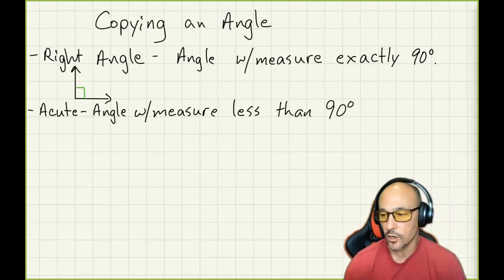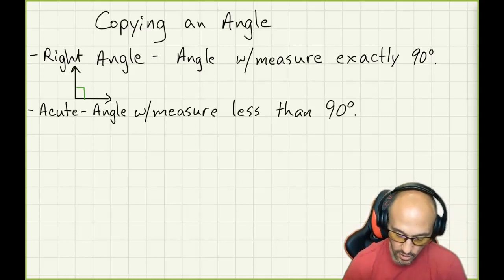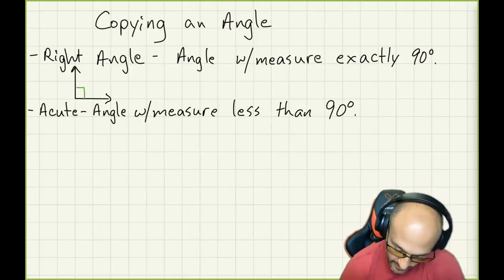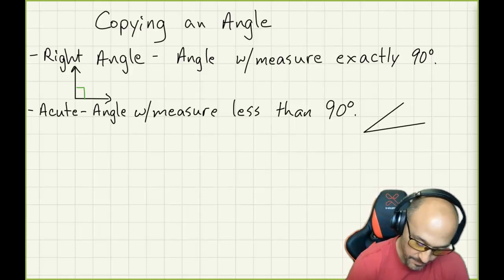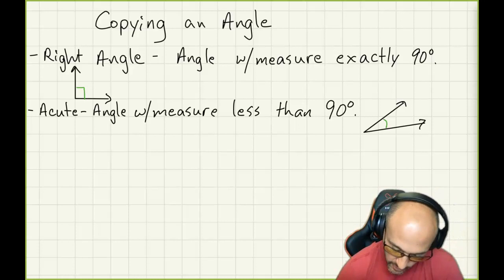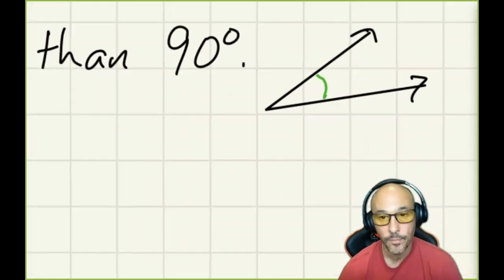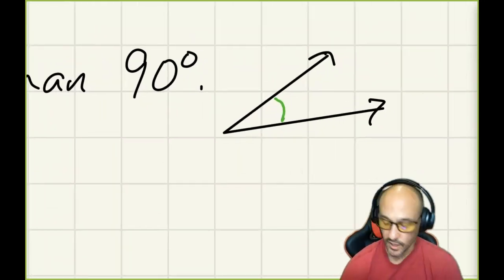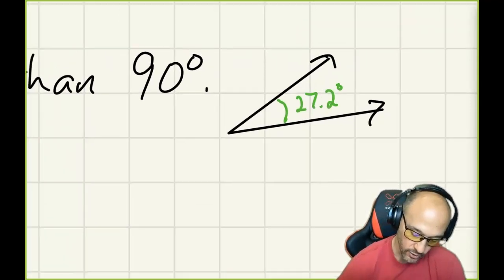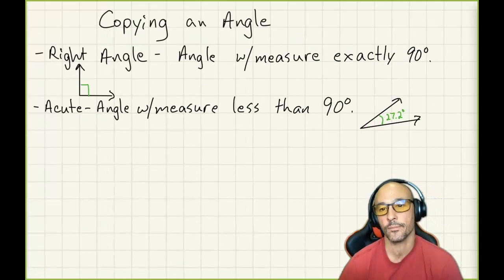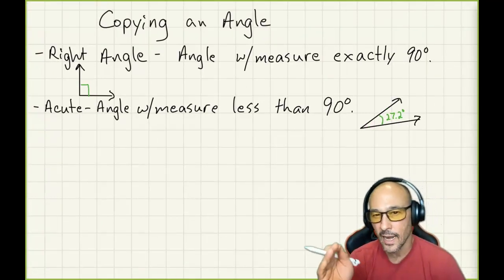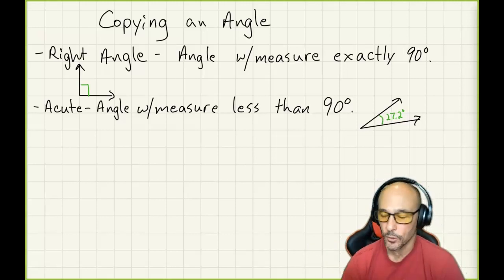So angles with measure less than 90 degrees are said to be acute. So that would be an angle like that. And we often put a little arc there. So something like a 27.2 degree angle would be acute. Anything less than 90, even 89.999 degrees, would be acute.